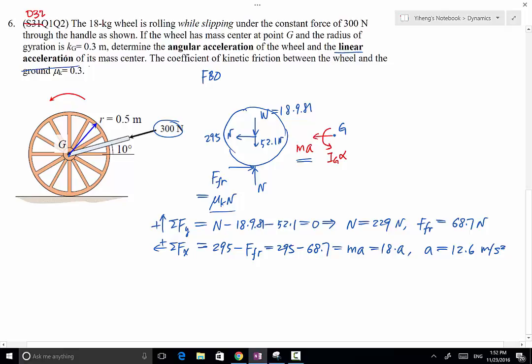And lastly, we sum the moments. You can sum the moments about point G, or you can sum the moments here. Let's just sum the moments about point G. Counterclockwise is positive.